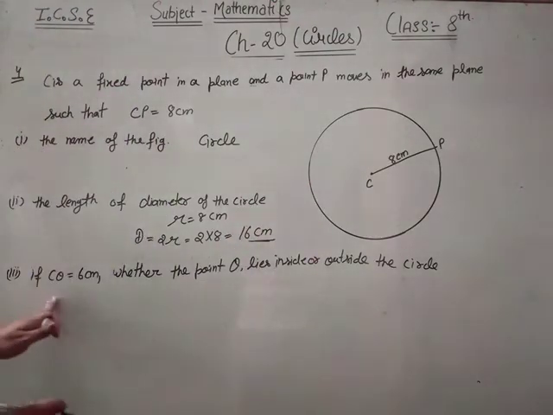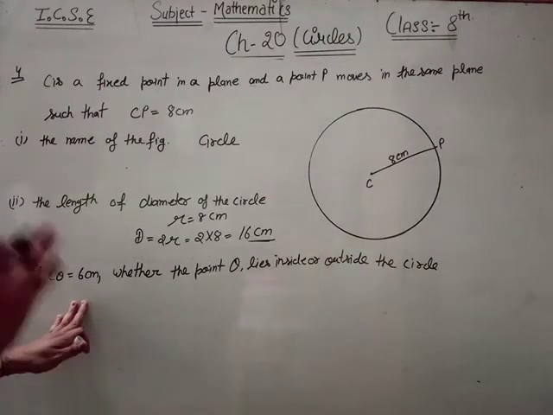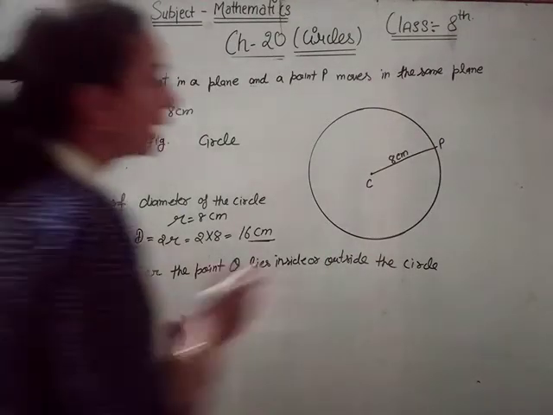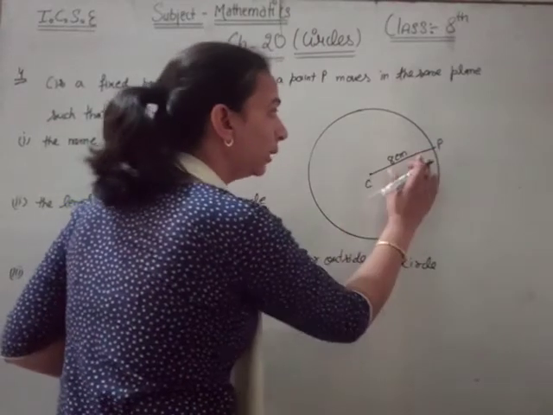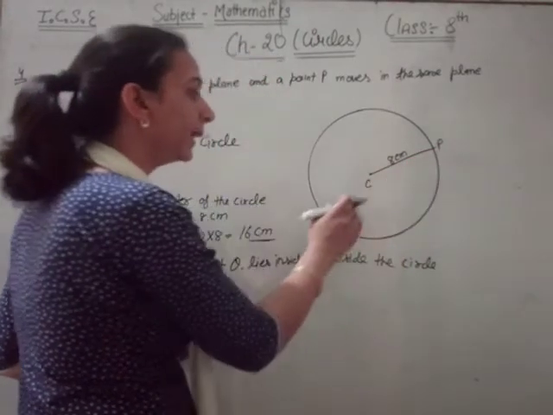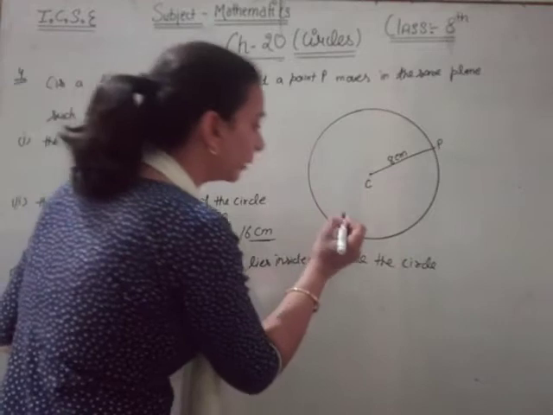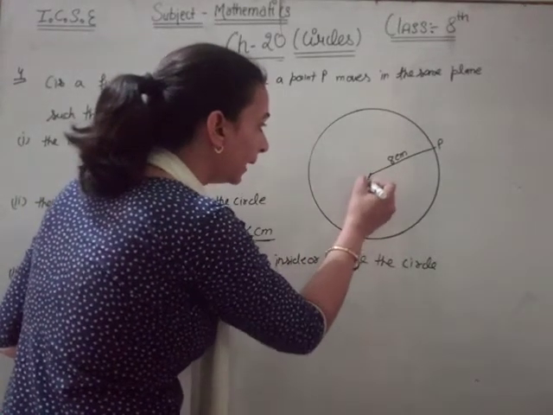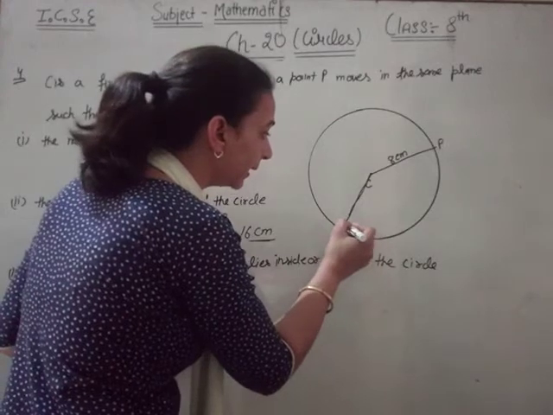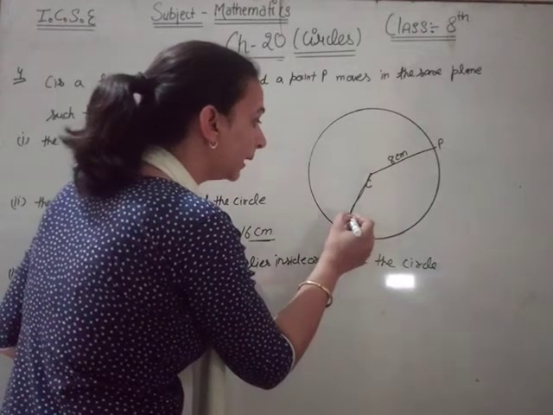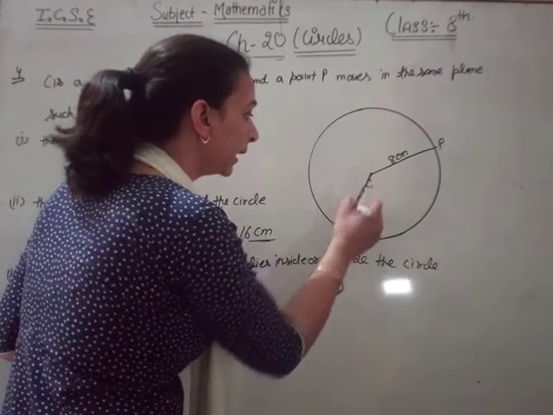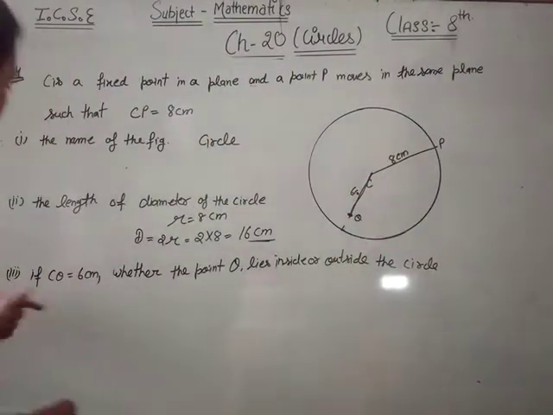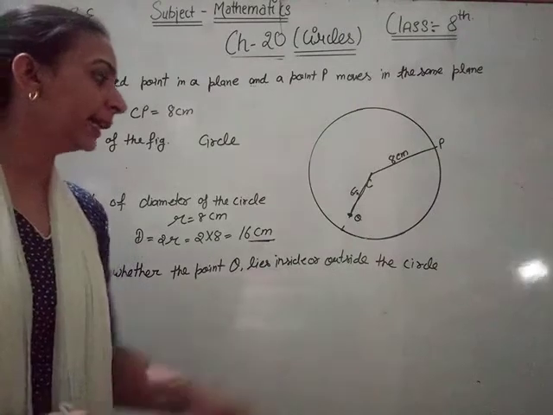Next is, if CQ equals 6, for any point Q. Student, if CP equals 8 and we take CQ as 6 centimeters, then that point is inside the circle. If this is the complete 8 centimeters, and we take the point Q here, then CQ equals 6 centimeters. Does the point Q lie inside or outside the circle?